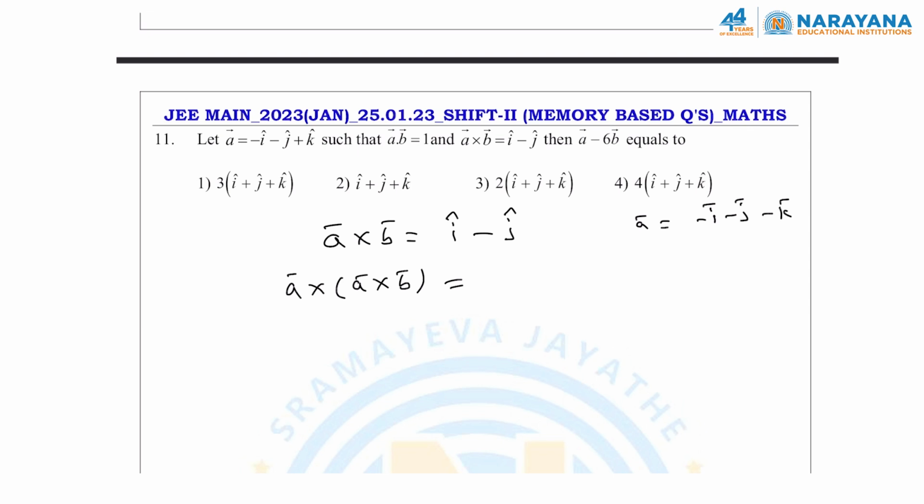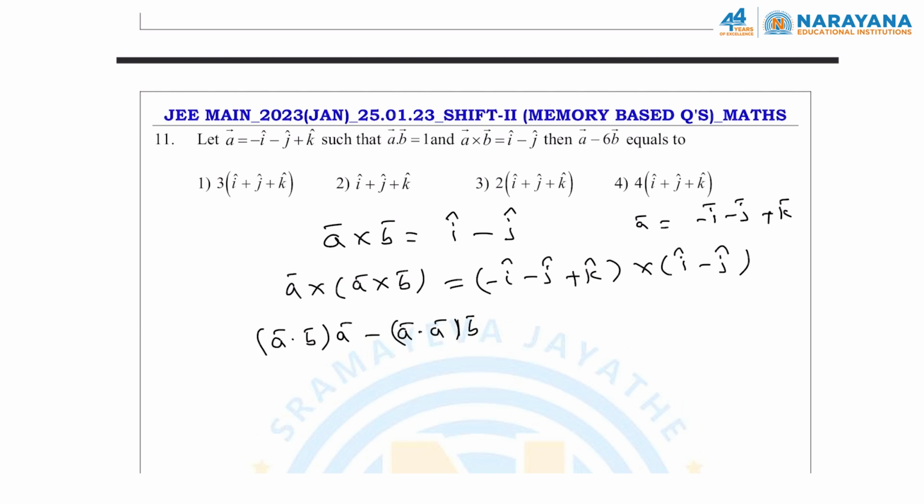So if I take cross product, what I am getting, minus i cap minus j cap plus k cap, cross product with i cap minus j cap. And here this is vector triple product. So this will be (a bar dot b bar) into a bar minus (a bar dot a bar) into b bar.